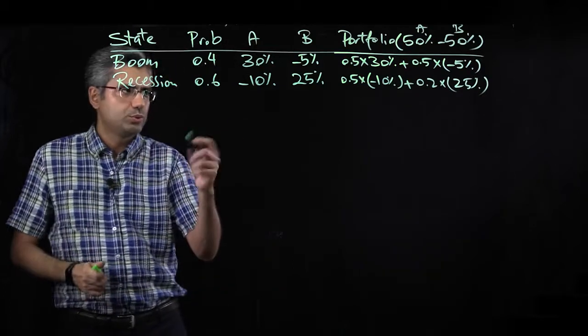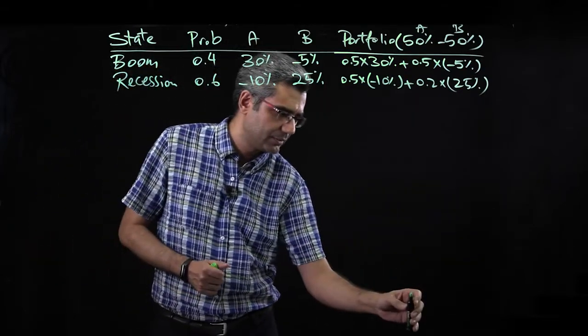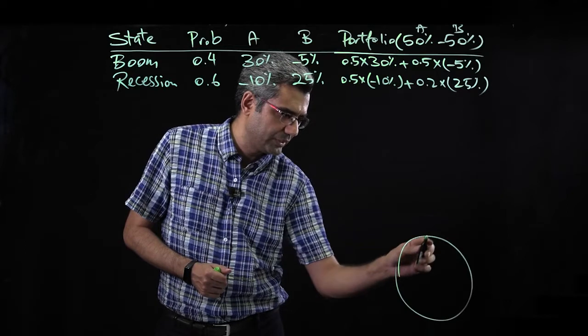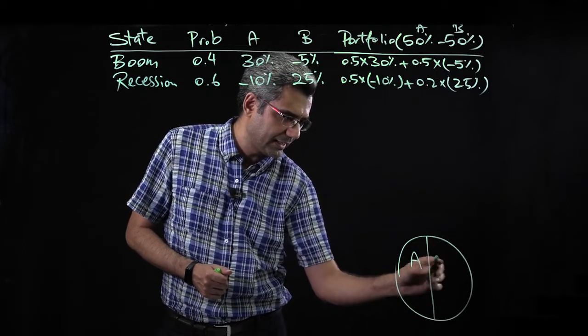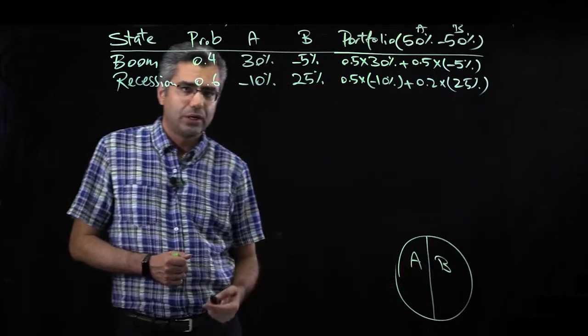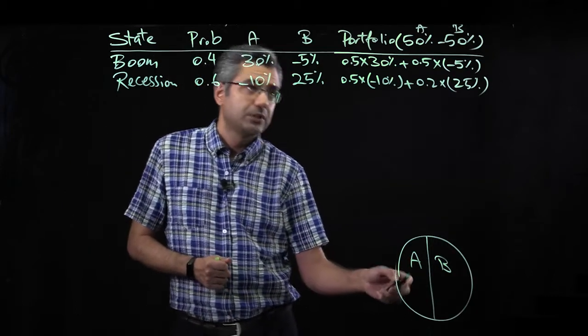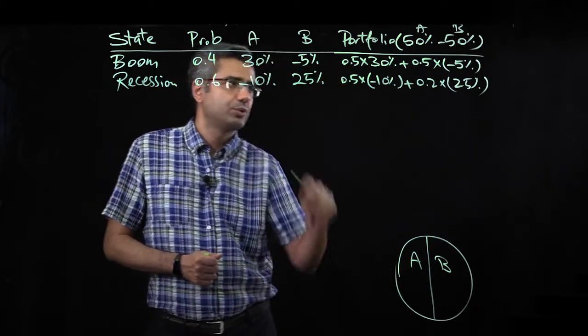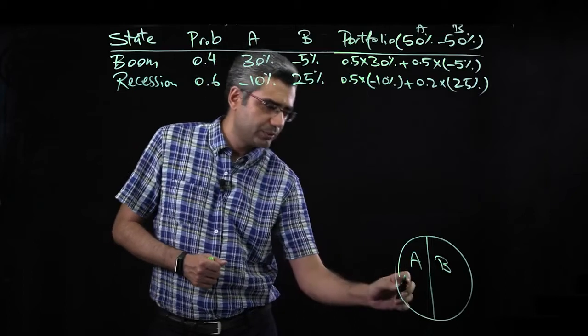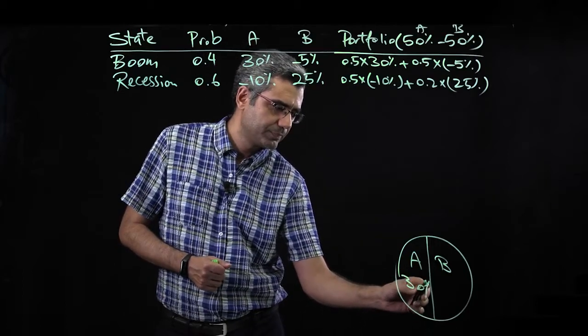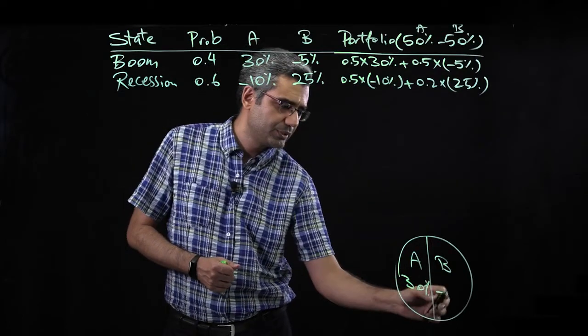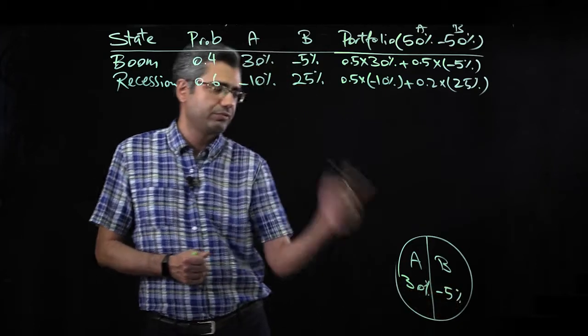Okay, so just to make it easier to understand, for the whole portfolio, I assume that A and B each will be 50%. So for the boom, means for the good economy, A will return 30%, and B will actually have a loss of 5%.